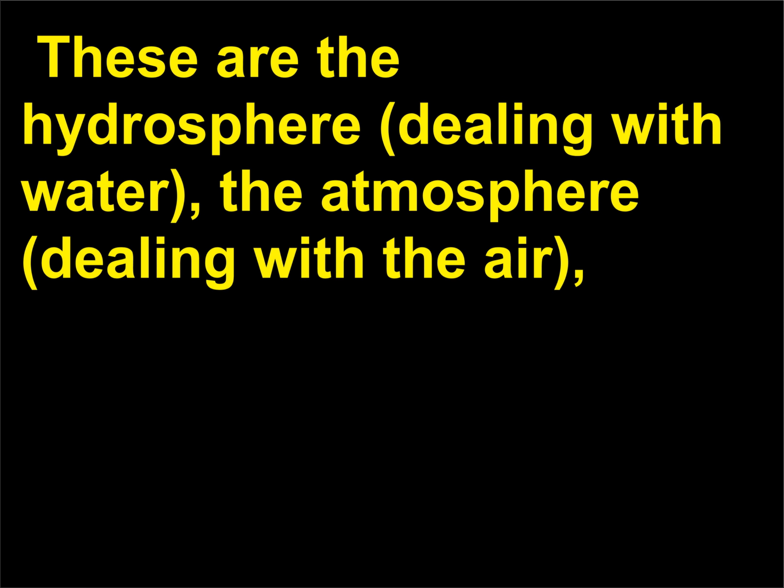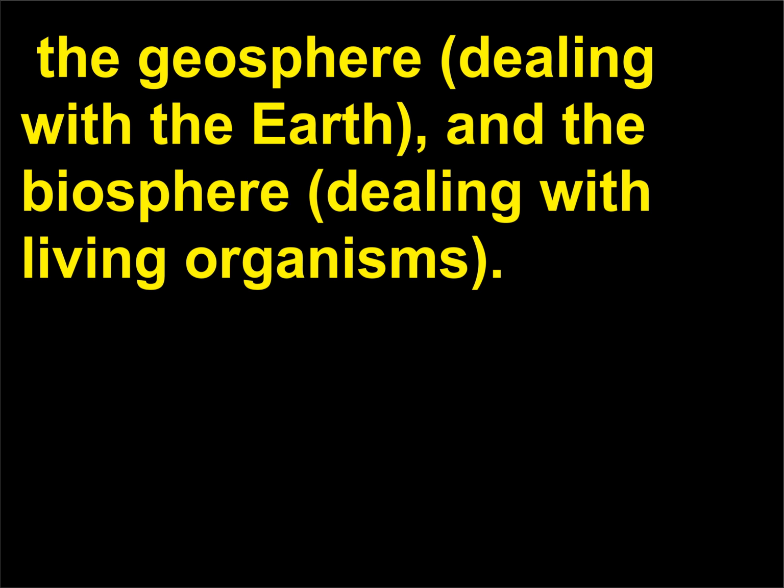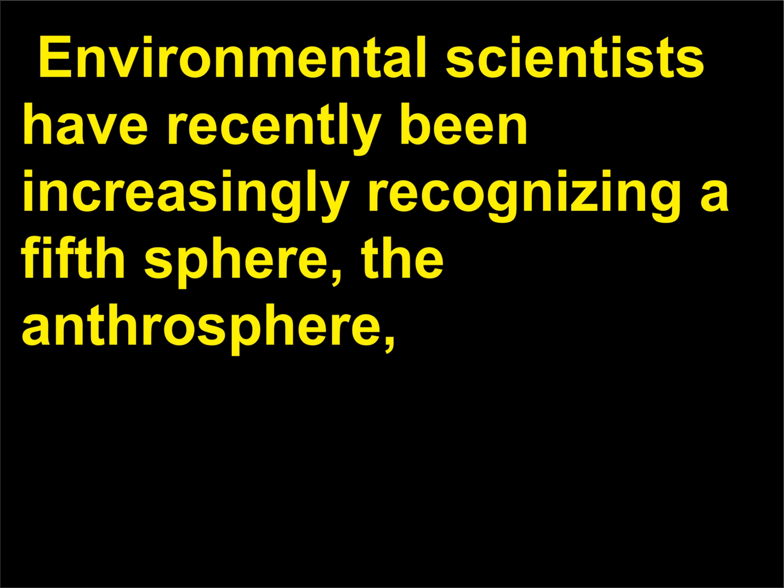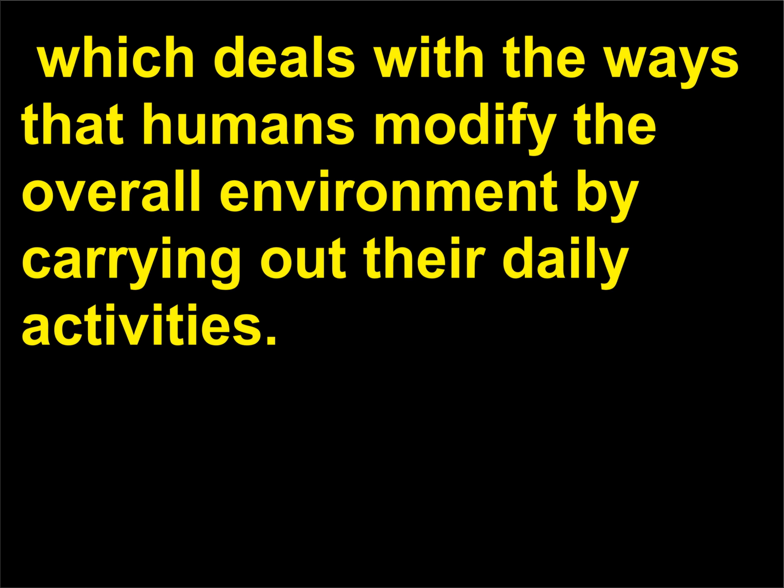These are the hydrosphere, dealing with water, the atmosphere, dealing with the air, the geosphere, dealing with the earth, and the biosphere, dealing with living organisms. Environmental scientists have recently been increasingly recognizing a 5th sphere, the anthrosphere, which deals with the ways that humans modify the overall environment by carrying out their daily activities.